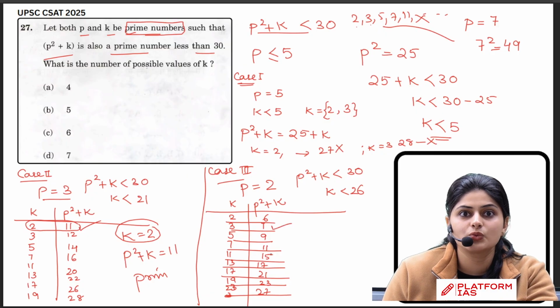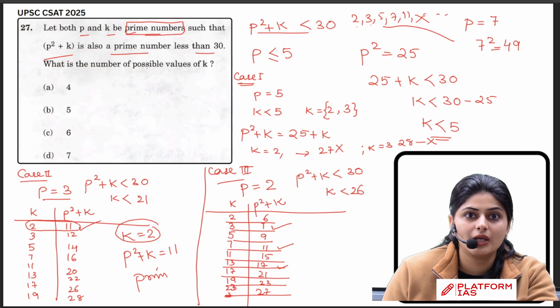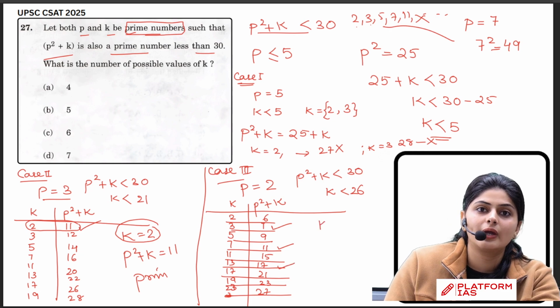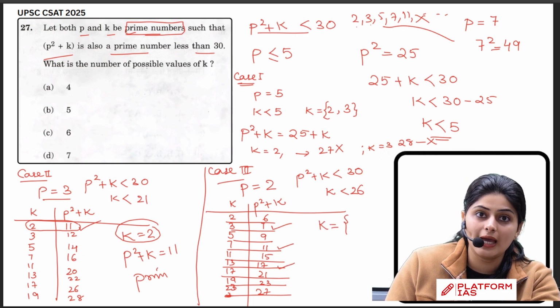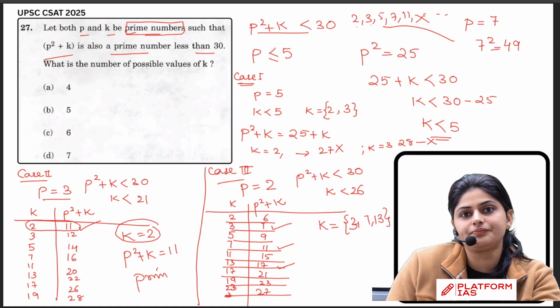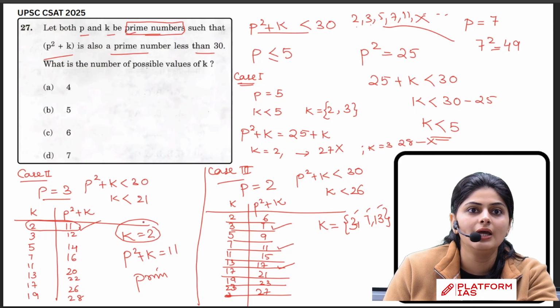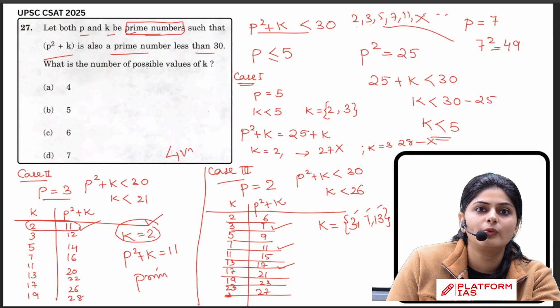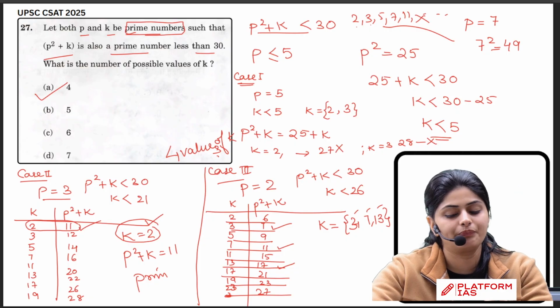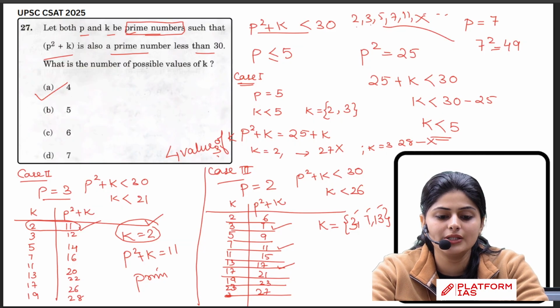We have k equal to 3, k equal to 7, k equal to 13. So here k can be 3, then we have 7 or 13. So how many values of k are possible? 1, 2, 3 and 4. So 4 values of k are possible. So your answer will be option number A. Fine. Okay, now moving to the next one.